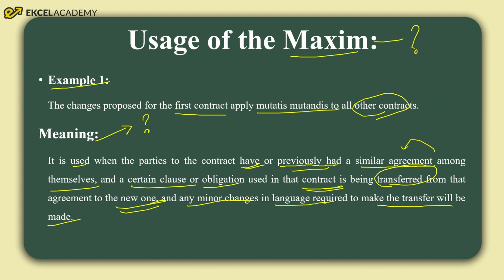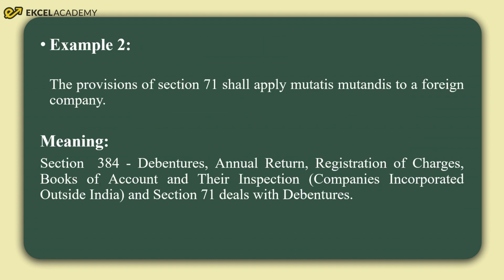So, any changes that are proposed in the first contract or earlier contract will be mutatis mutandis applicable to all the other contracts, whereby other terms will remain the same.